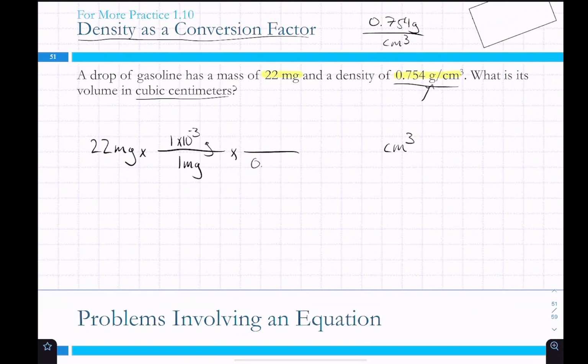We're going to have to put that 0.754 on the bottom and the 1 centimeter cubed on top. This means that our grams can cancel out. And hey, look at that. Now our units here match our units here. And so we can calculate for our final answer. So 22 times, again, 1e to the negative 3, using that e key, and then divided by 0.754.